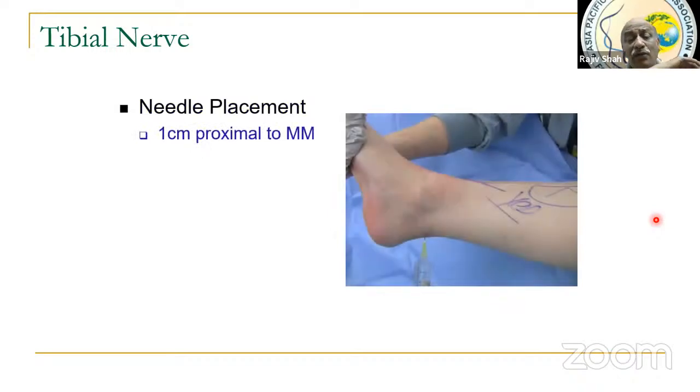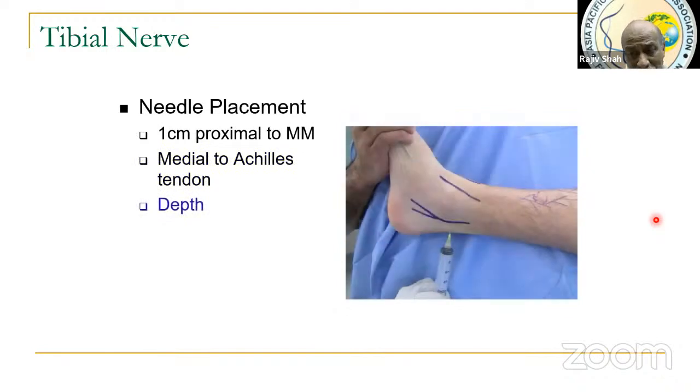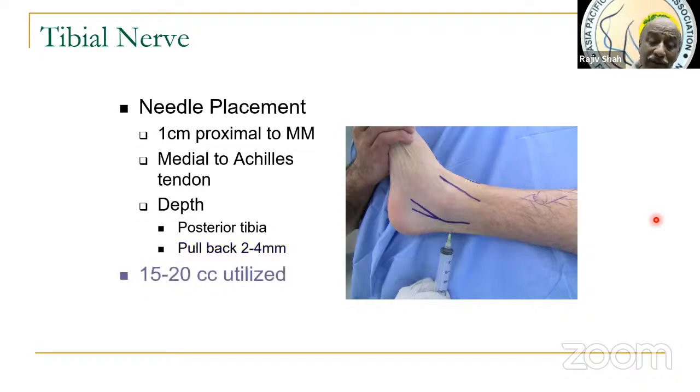So you go 1 centimeter proximal to the medial malleolus, medial to the tendo Achilles, and from medial to the tendo Achilles you go right up to the depth where you touch the posteromedial aspect of the tibia, and then you pull your needle back just 2 to 4 millimeters, and then inject. So you need to inject 15 to 20 cc of the solution.